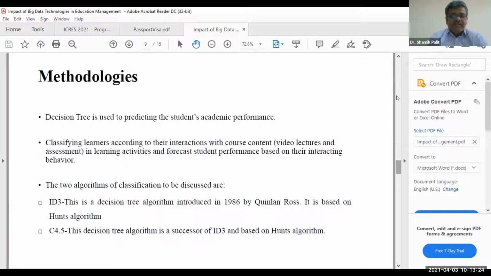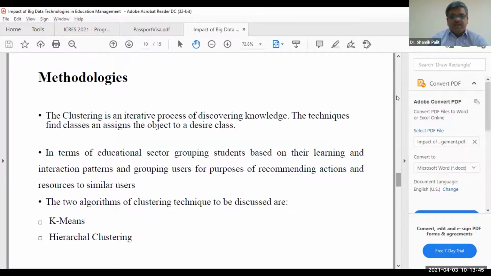As long as the methodologies are concerned, basically I have used two different types of algorithms over here. One is called ID3, another is C4.5, and both these algorithms are really very efficient in generating the decision tree, which is actually the heart of this particular process.